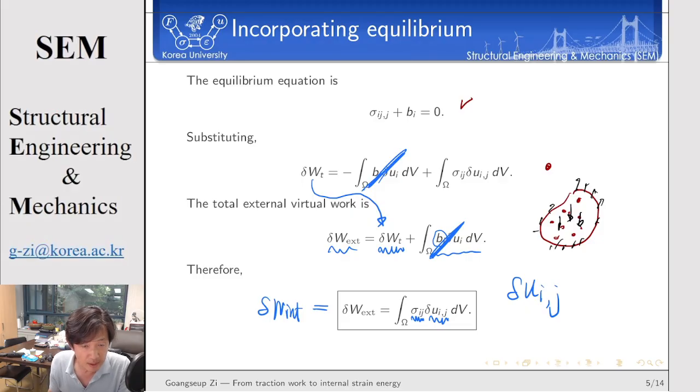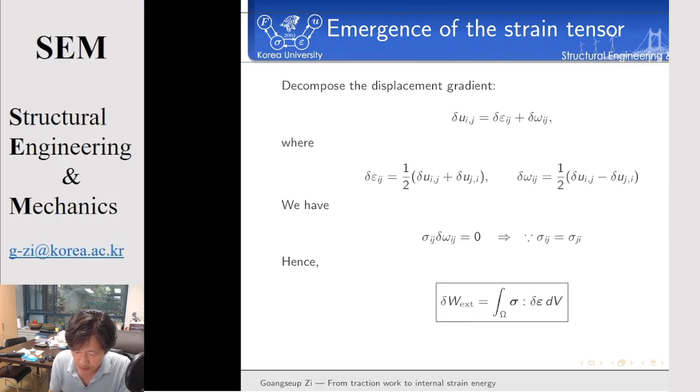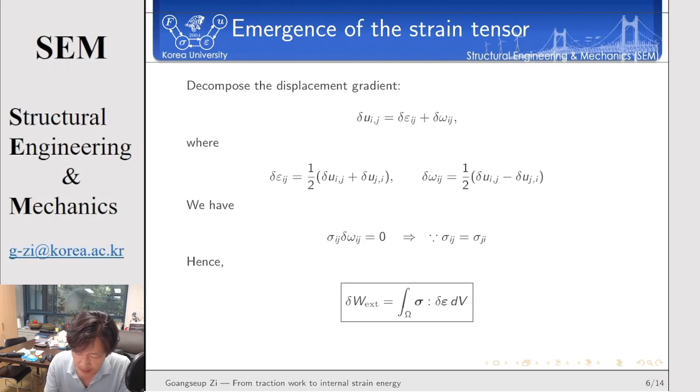Now let's take a look at the derivative of displacement variation with respect to coordinate further. Make sure that any square matrix can be represented by its symmetric term and its anti-symmetric term. Similar to this, we can write u i comma j. I told you that i and j are representing the indices.